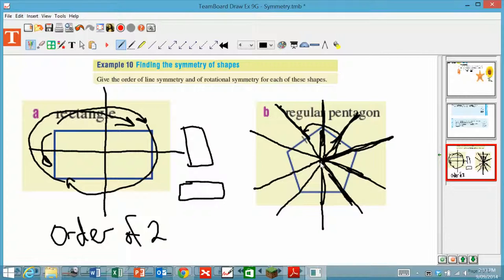Then we're back to the lines we've already counted. So that's an order of 5 for line symmetry.